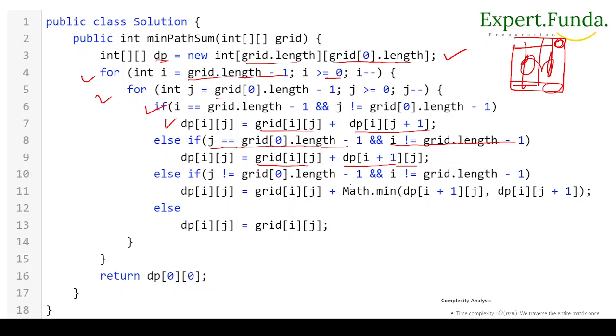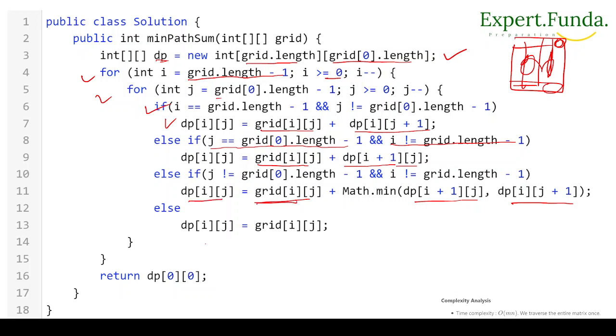If it is not equal to this and not equal to this, only then will we calculate the current value with i plus 1, j plus 1, taking the minimum of the x and y thing, and the current value that will come here.